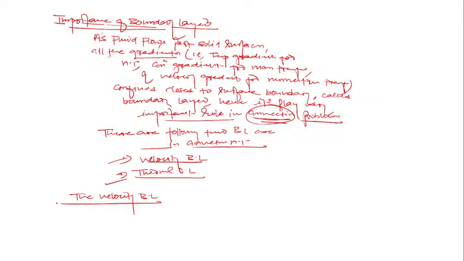Now as far as the velocity boundary layer is concerned, suppose the fluid flows over the surface of a solid, for example your table, and air is flowing over it. You can imagine this is the flat surface, and this is the leading edge of the plate.